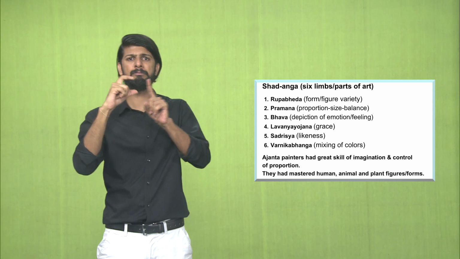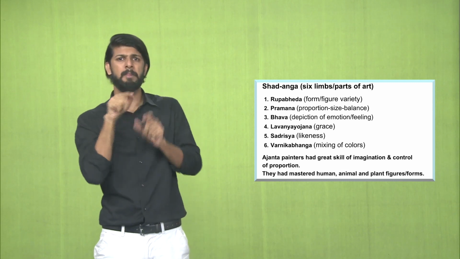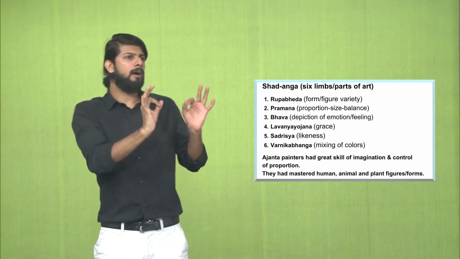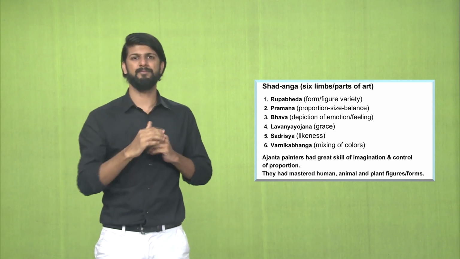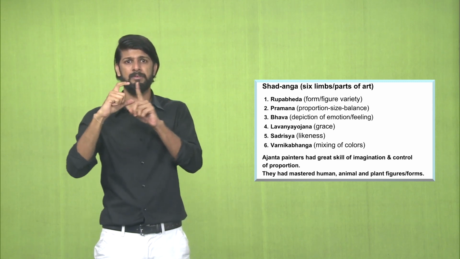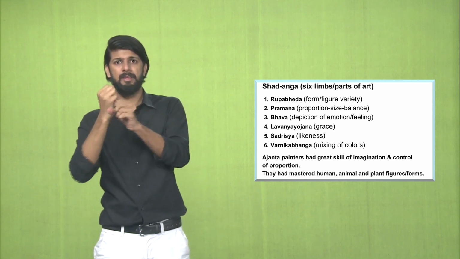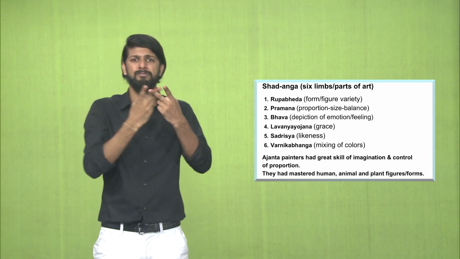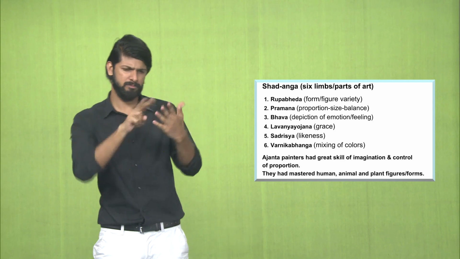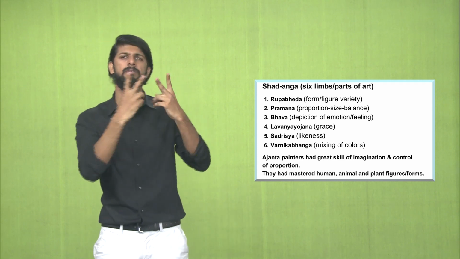Fifth, Sadrisya or the likeness, when you see the painting, you would like the painting, you would like the art. And the last is Varnika Bhanga, which means the mixing of colors, the use of various colors according to the kind of art.